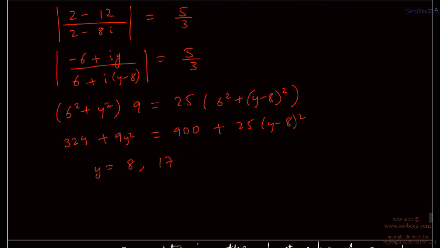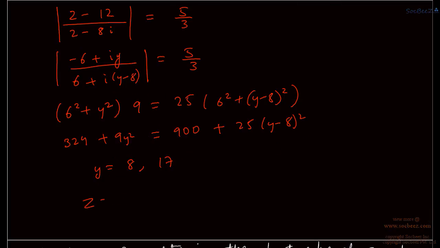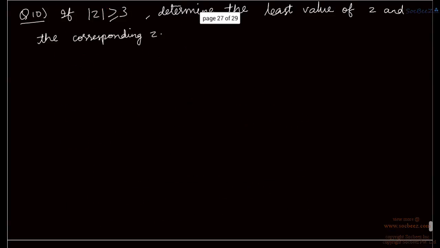But however, for this one, 8 and 17, both of them are perfectly correct. So we get that our answer is, it's not 8, it's actually 6 plus 8i or z is equal to 6 plus 17i. Both of them are perfectly fine, right? So these are the solutions to our equation, our question here.